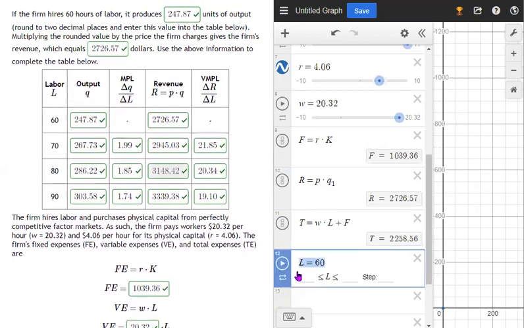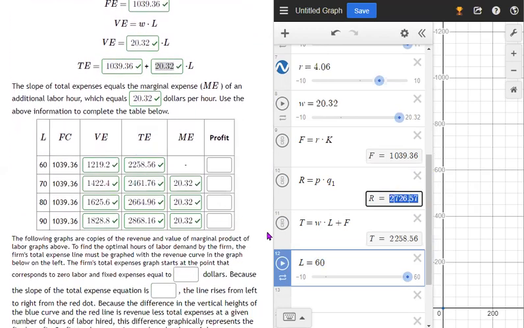When labor demand is 60, my revenue is $2,726.57. When my labor demand is 60 still, my total expenses are $2,258.56.